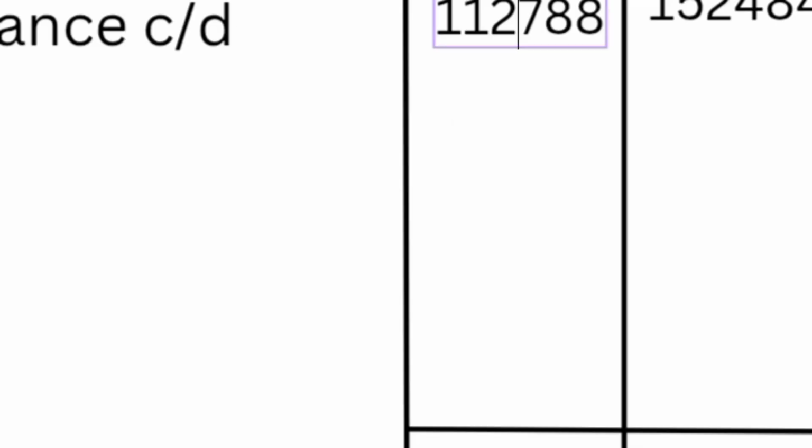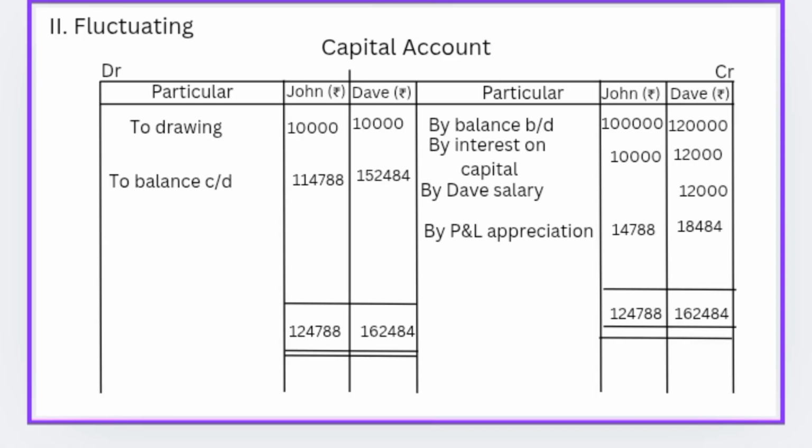Sorry guys, I've made a mistake here. This is not 1,12,000. This is 1,14,000. So we finish with the capital account when capital is fluctuating.